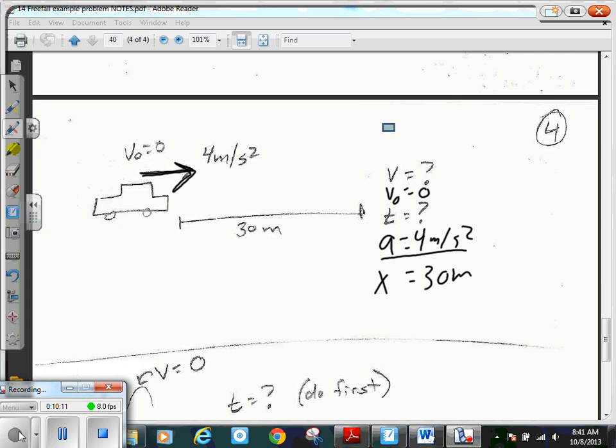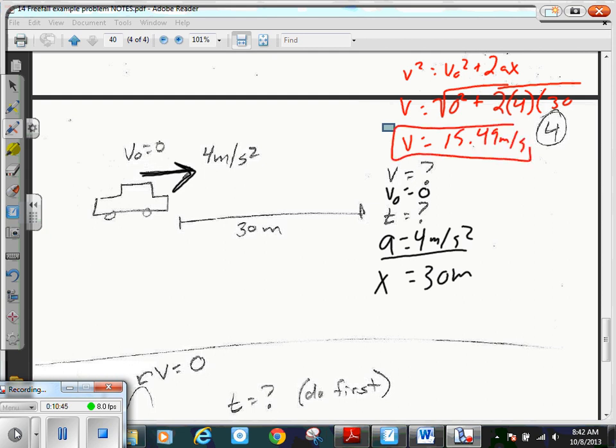So you can just use v squared equals v sub naught squared plus 2ax. We're solving for v right now. So v then is the square root of 0 squared plus 2 times 4 times 30. The square root of 240 is 15.49 meters per second. Now I can use that here if I want. 15.49, and that's a positive number because it's in the positive direction.